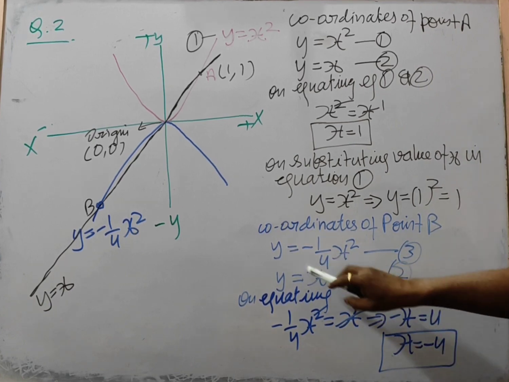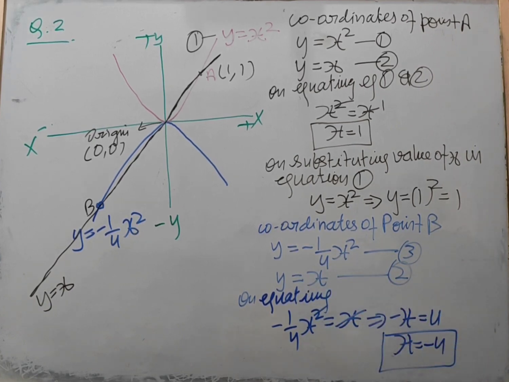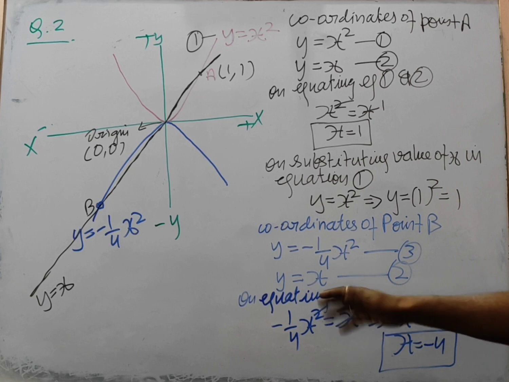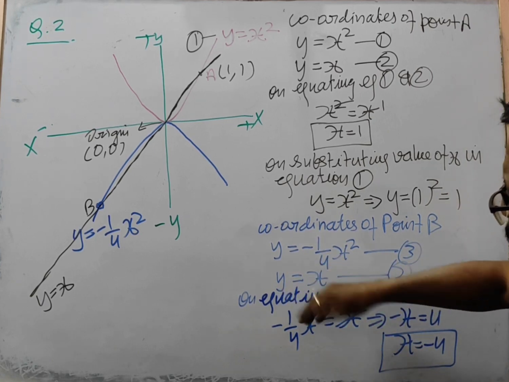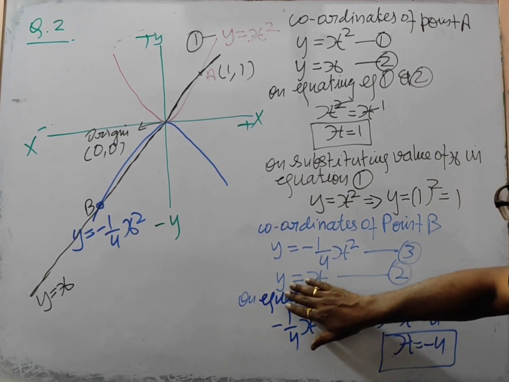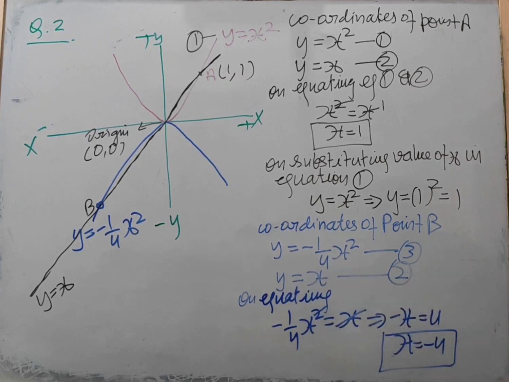We just equated, there are two equations, so we equated. We put the value of y. This x and x is cancelled out.